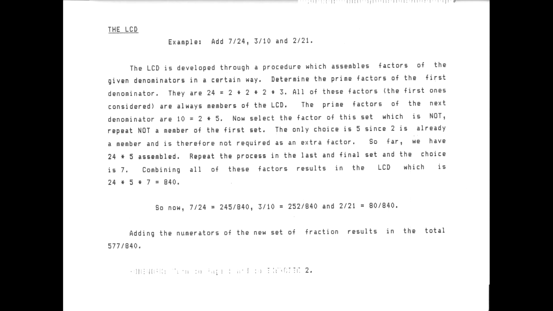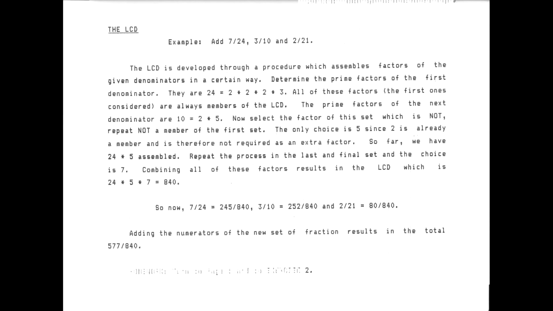That's how you proceed. Divide the denominator 24 into 840, and you get 35. That means your numerator has to be increased by this number. So you multiply 35 by the numerator and you get 245. So that 245 over 840 is the same as 7 over 24.